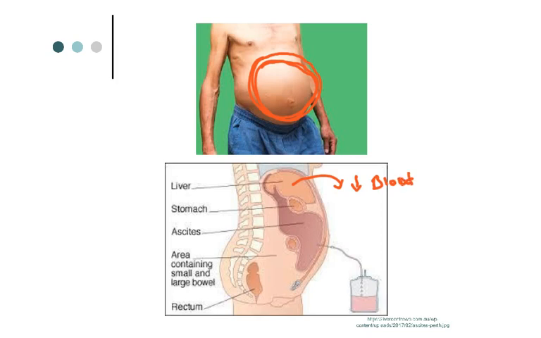So if there's less albumin floating around in the blood, it causes fluid to leak into the tissues. And a common site for the fluid to leak into the tissues with liver failure is in the abdomen. So as you can see in this cross-section image, there's all this fluid here that just collects.